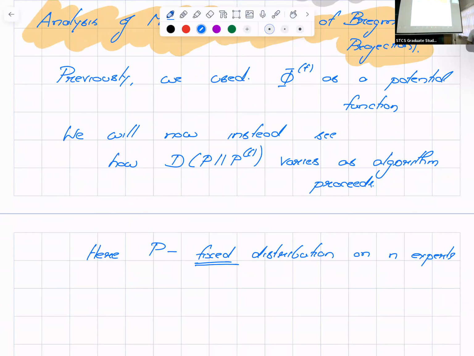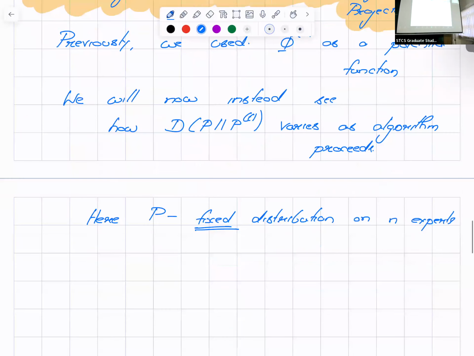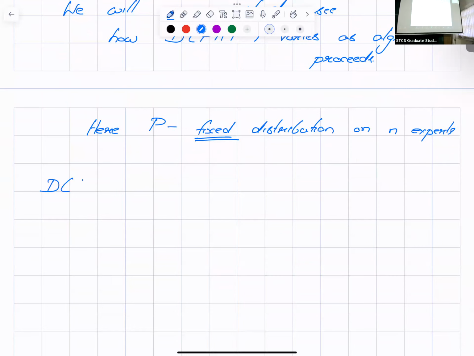So let's try to understand D of P given, strictly speaking, I should do PT plus 1, but let's do P hat T plus 1 first, minus D of P given PT. How does each step of the algorithm change this?